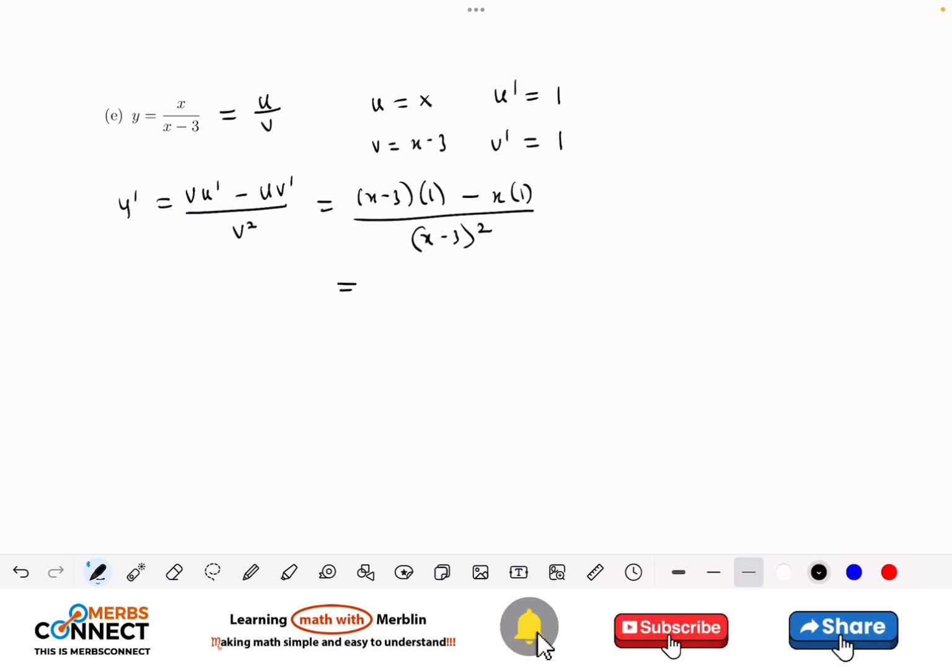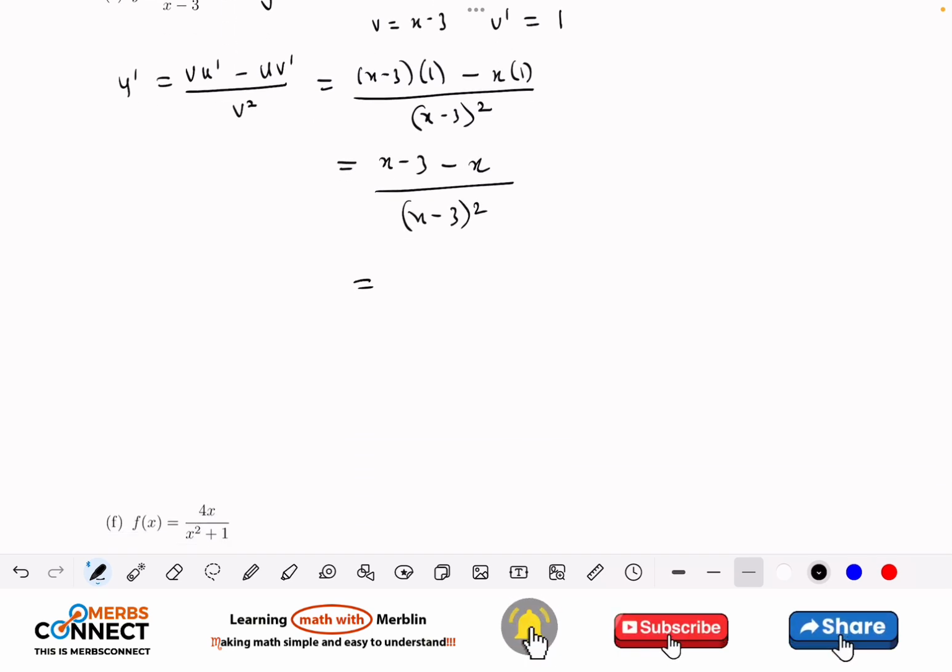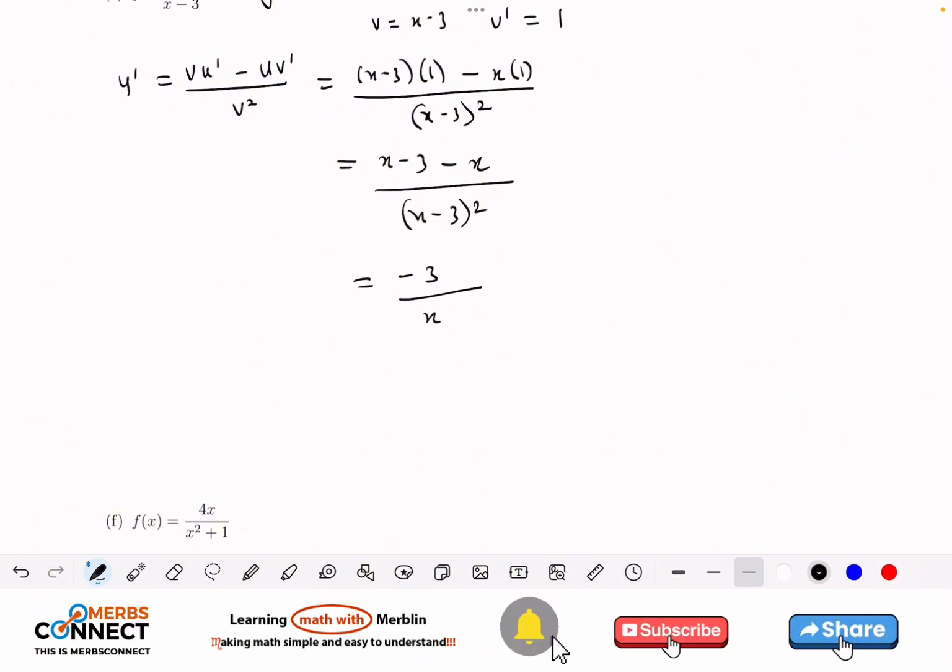When I multiply the 1 to this, I'm going to have x minus 3 minus x times 1 is x, divided by (x minus 3) squared. And I simplify it and I have minus 3 divided by (x minus 3) squared. So this is y prime.